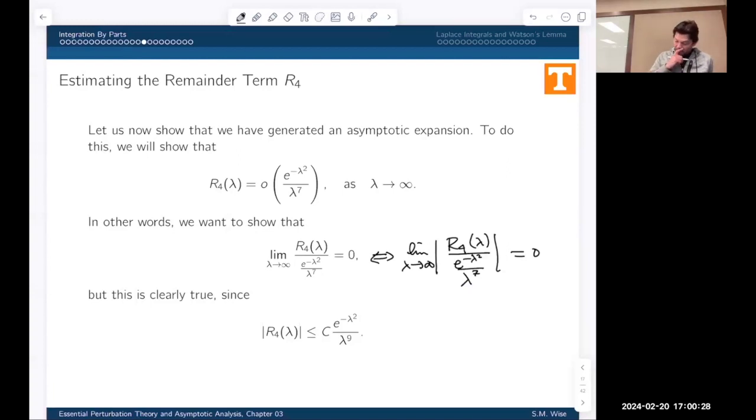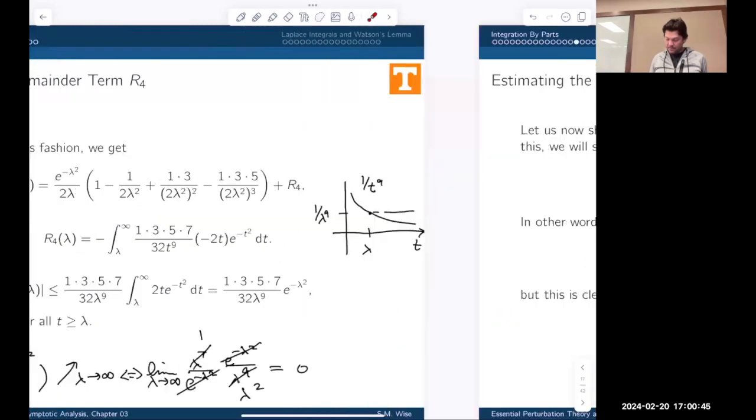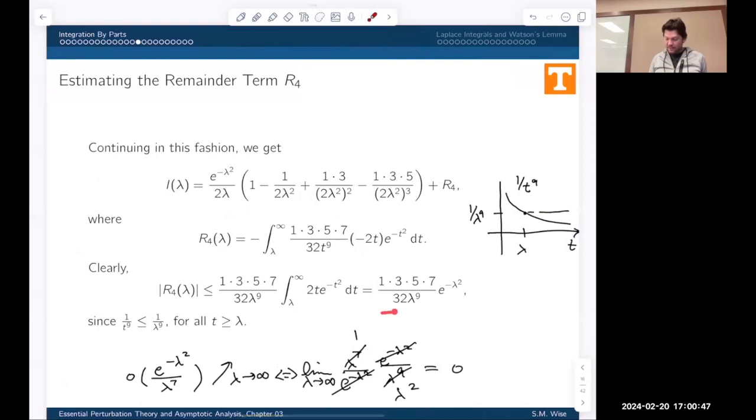So how can I do that? Well, I'm going to take a sequence which is bigger than this. What sequence could I find which is bigger than this? Well, I already know that this estimate holds according to my previous calculations. Remember, these are proofs by calculation.